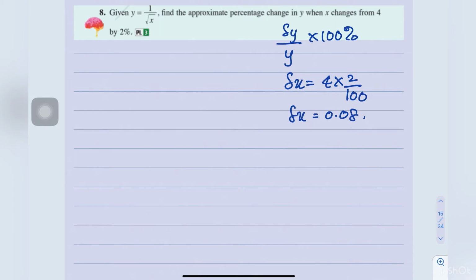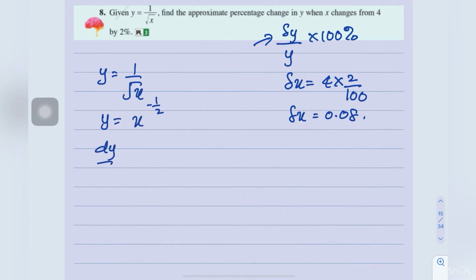So we need to find delta y, and to find delta y, we need to find dy/dx. Start from y equals 1 over the square root of x, so y is x to the power of negative 1/2. dy/dx equals negative 1/2 x to the power of negative 3/2, which is negative 1 over 2 times the square root of x, cubed.